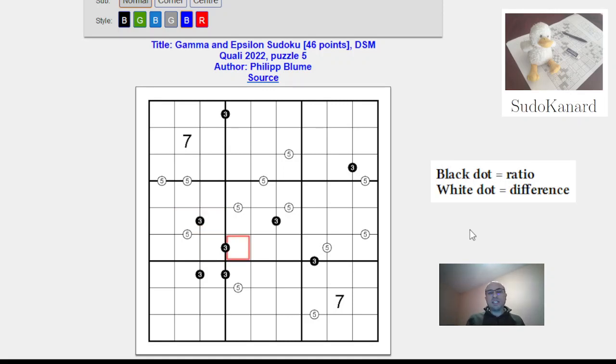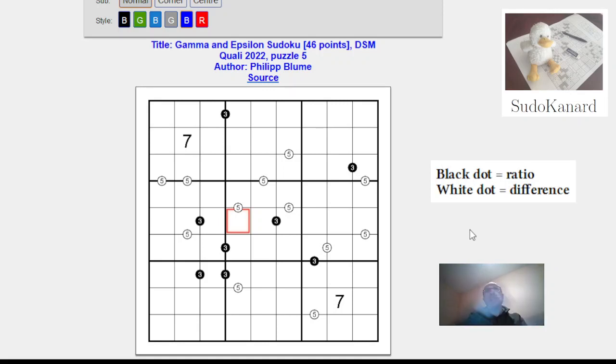And this is called gamma and epsilon because gamma is the third letter of the Greek alphabet, and there are threes, and epsilon is the fifth letter of the Greek alphabet for all those differences of 5.